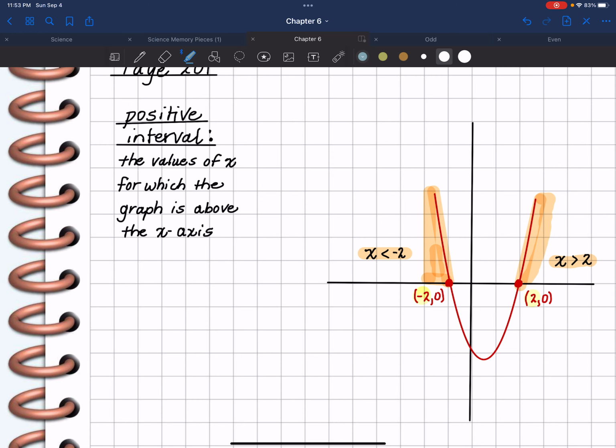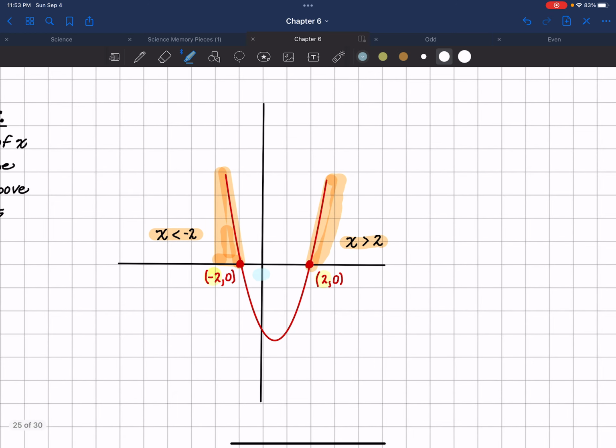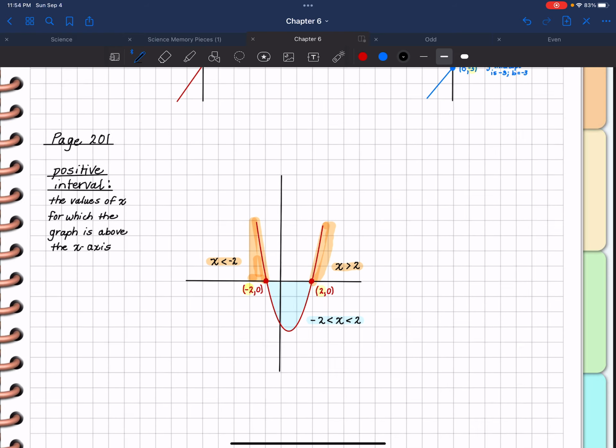So let's look at what happens down here. What if the x values are in this interval? Where is the red line? It's below the x-axis. So you might guess that this is called the negative interval. And to write this one, we would say when x is greater than -2 and less than 2, you have a negative interval. And that's the definition of a negative interval.